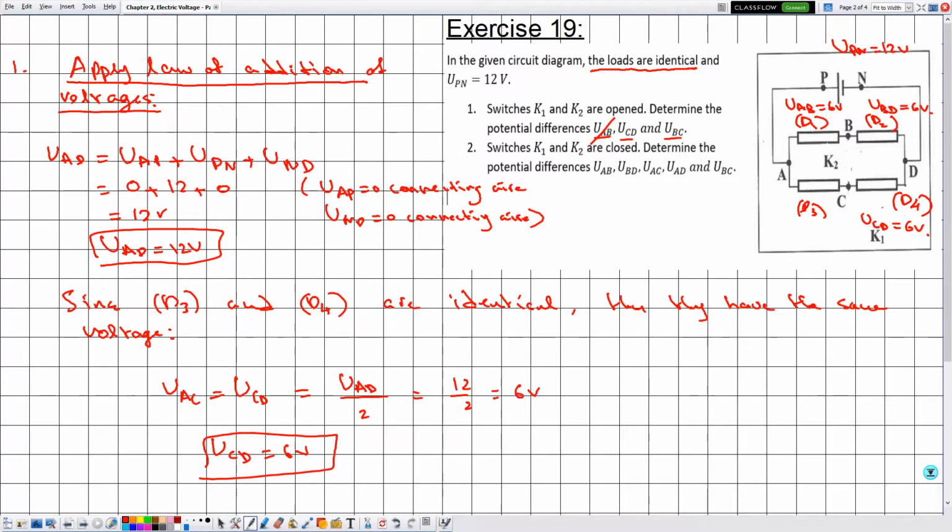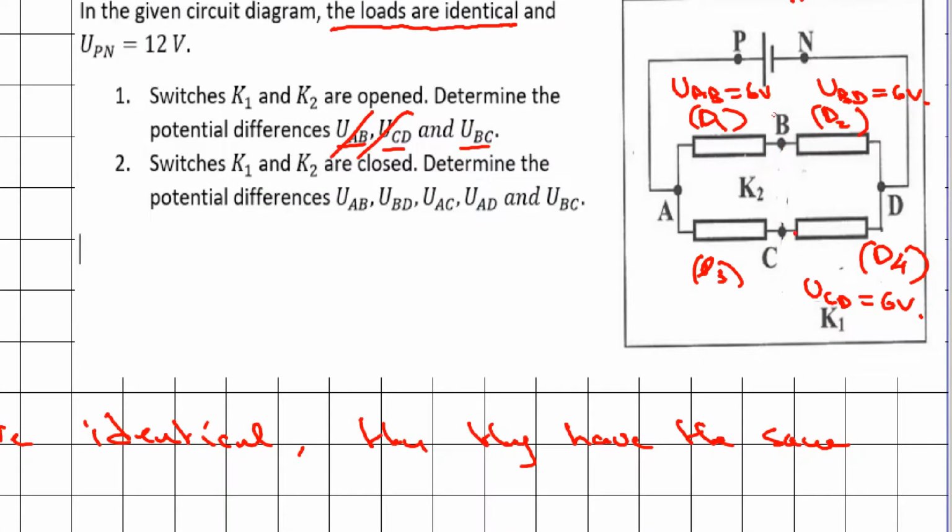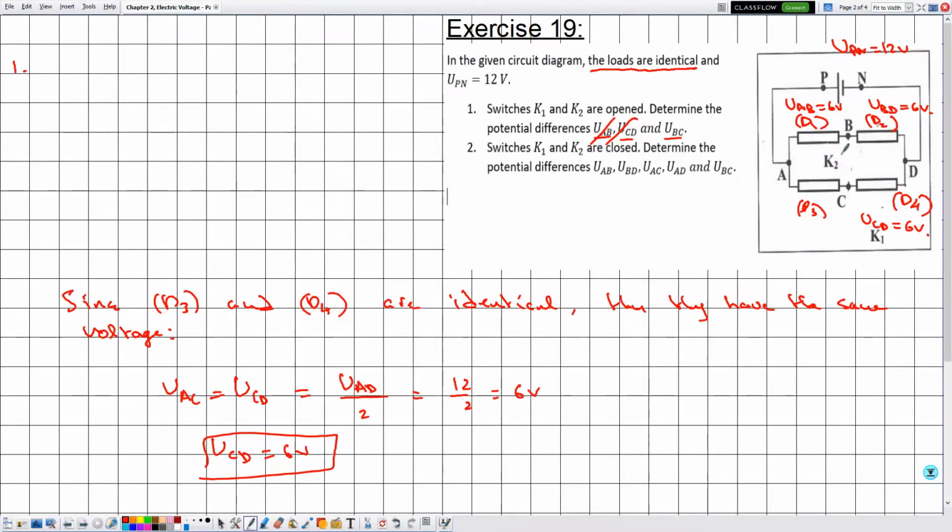Now after we have determined the voltage UCD, we are asked to determine the voltage UBC across the points B and C. Although no electric component exists between these two terminals, for sure we can calculate this voltage. So let's apply the law of addition of voltages.